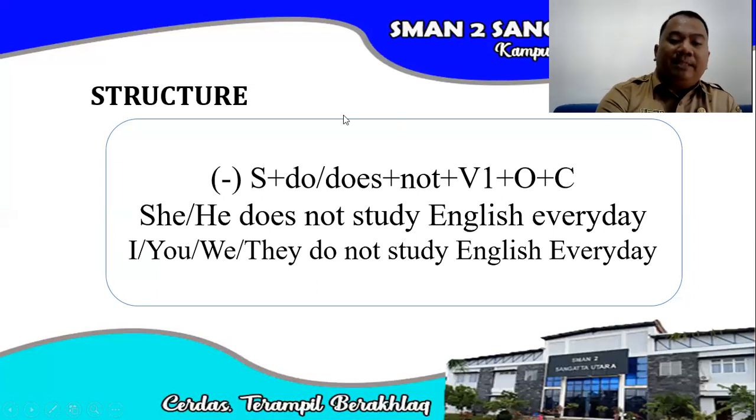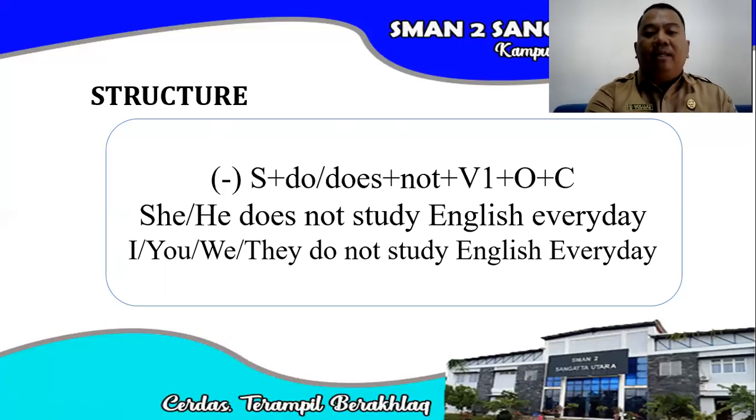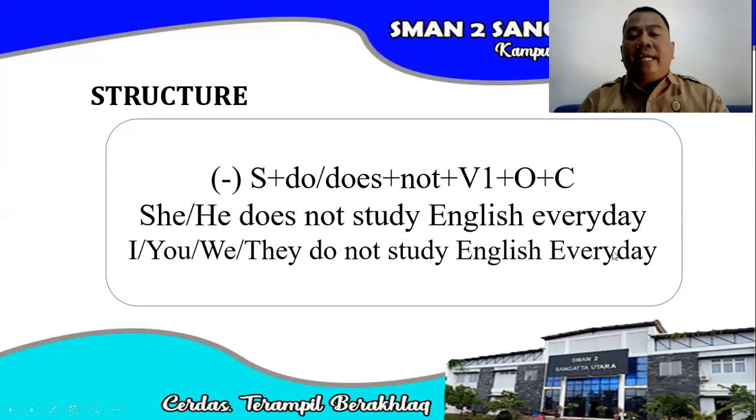For example, if the subject is she or he, we use does, plus not, plus verb one study, object English, and complement everyday. However, if the subject is I, you, we, or they, you have to add do, plus not, plus study, English, and everyday. Okay, this is the negative form of simple present.